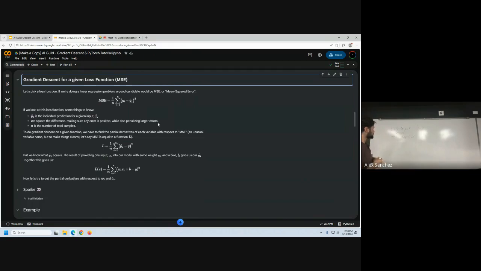We want to find the partial derivatives of W and B. If we take our loss function with respect to W and B, it's 1 over n, the summation of i equals 1 to n, of Wxi plus b minus the true value of y, squared.